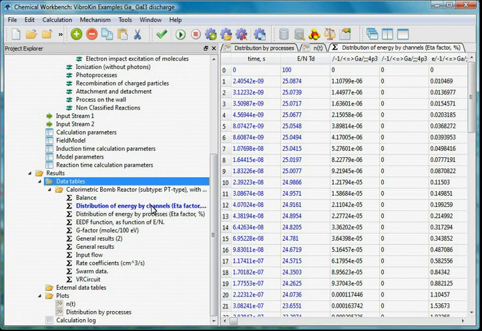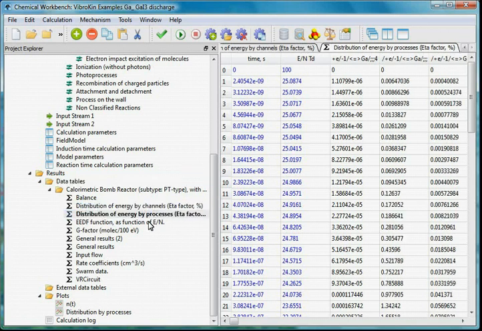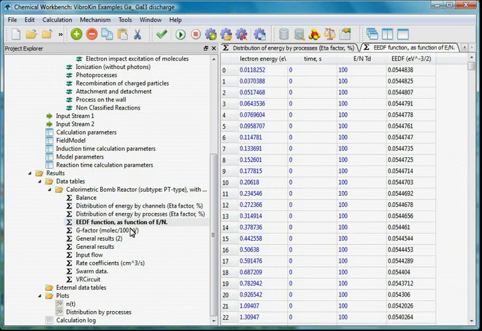Distribution of energy by channels, distribution of energy by processes, EEDF function, G factor.